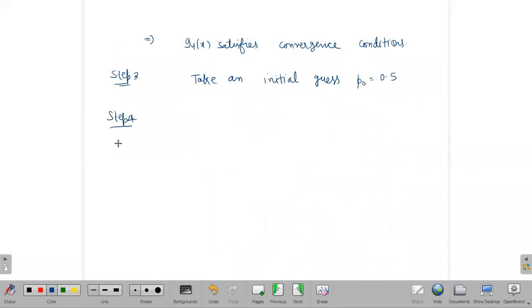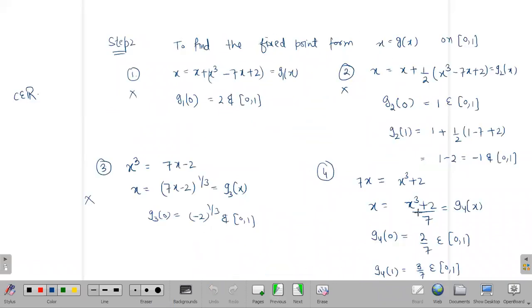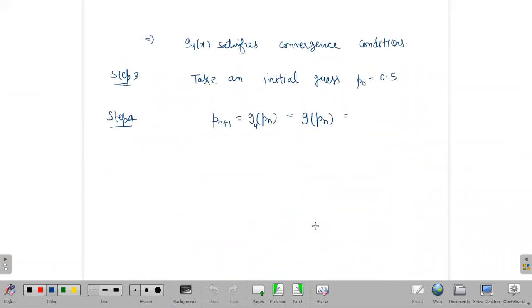You can merge the third and fourth steps also. The sequence is generated by p n plus 1 equal to g of p n. So it is g4 at p n, which is x cube plus 2 by 7. I can write it as p n cube plus 2 by 7.